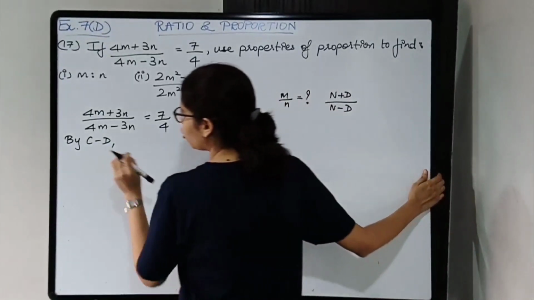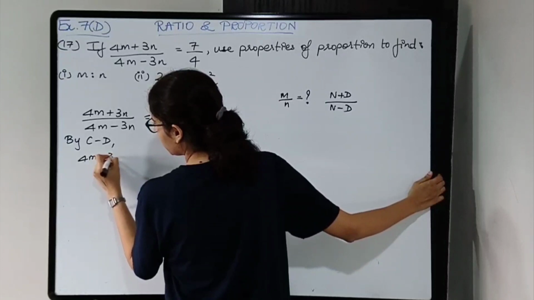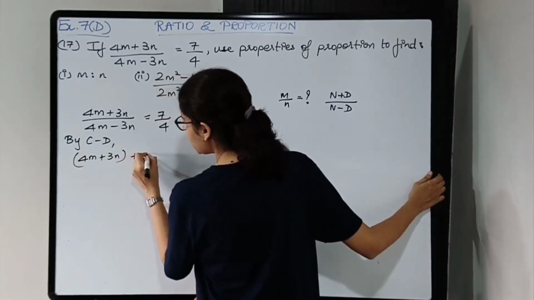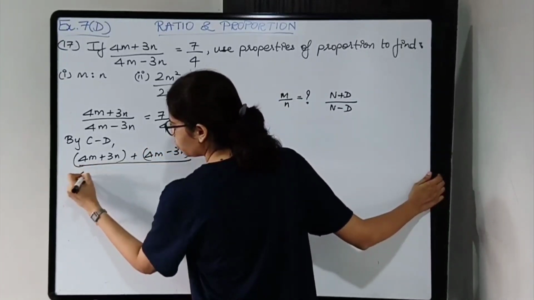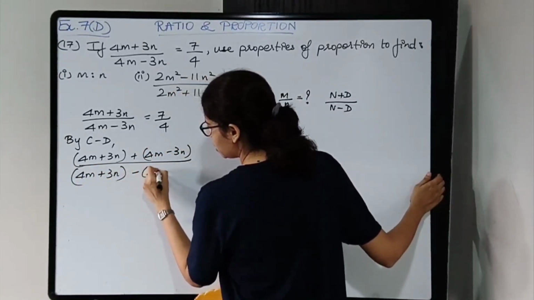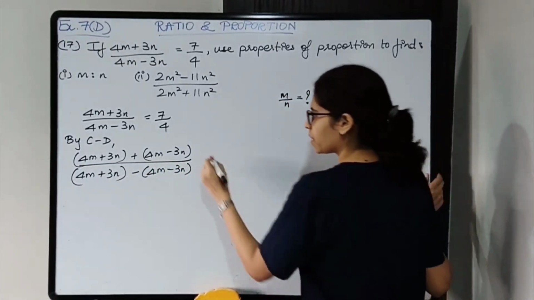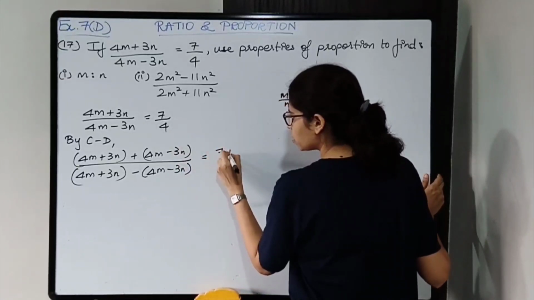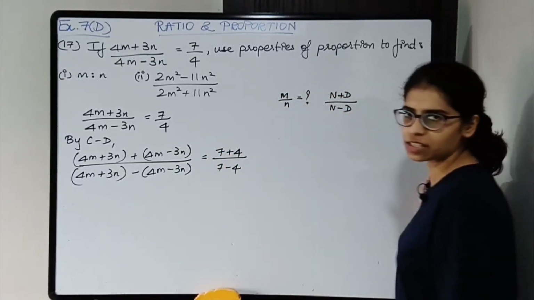By componendo dividendo, numerator plus denominator upon numerator minus denominator, ठीक है, is equal to the same thing, numerator plus denominator upon numerator minus denominator.